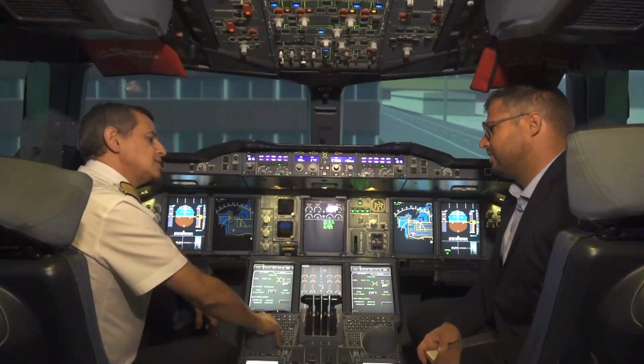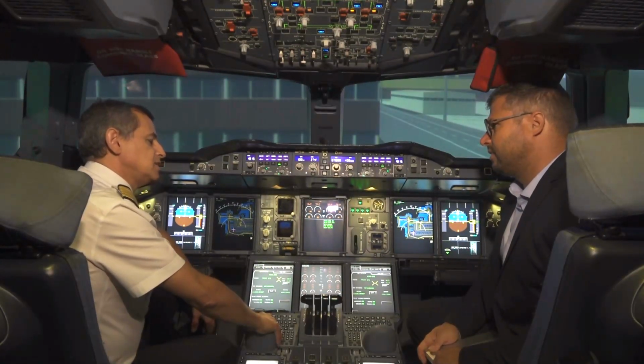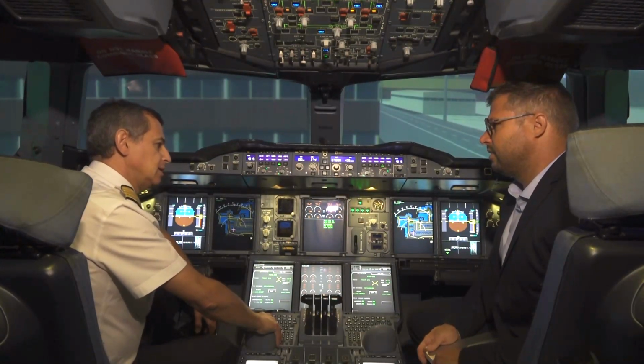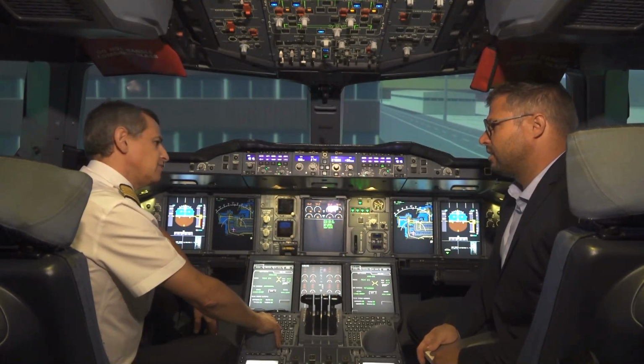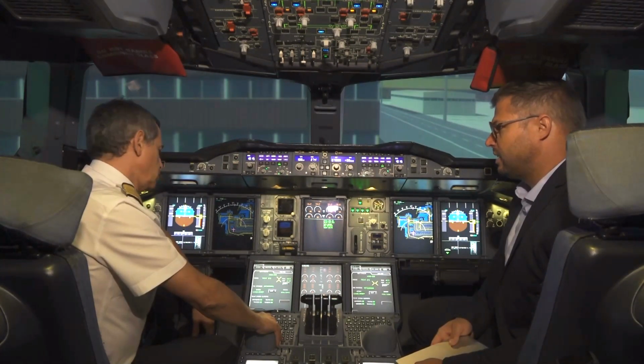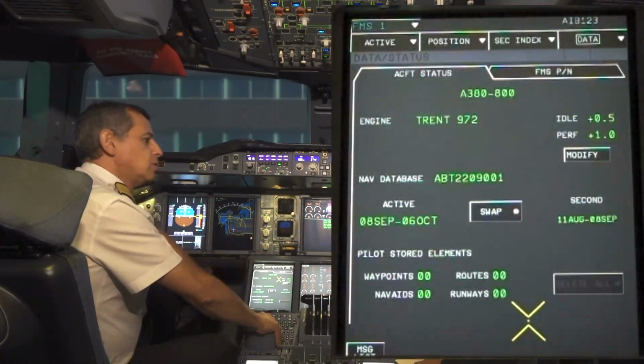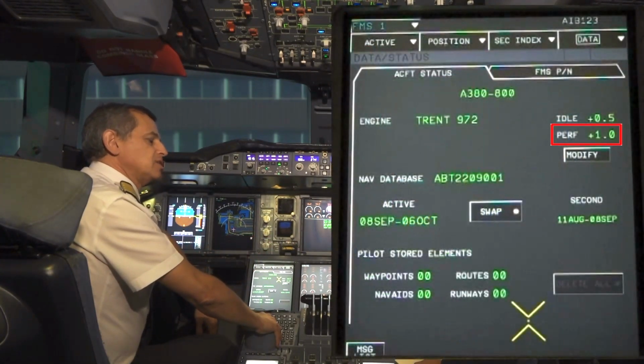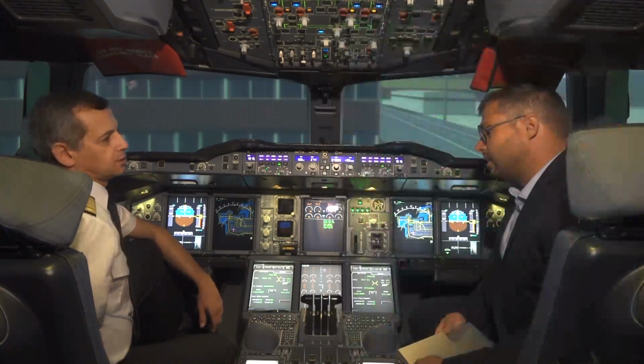Nicolas, you said that the PDB was based on the in-flight performance model that simulates the performance level of a fleet average of brand new aircraft. So, why do I have a corrective PERF factor on this brand new aircraft? Yes, you're right. As the PERF factor is a corrective factor, it may be at zero on delivery.